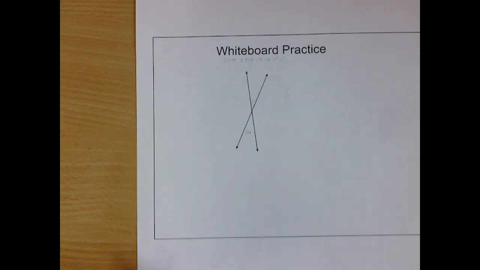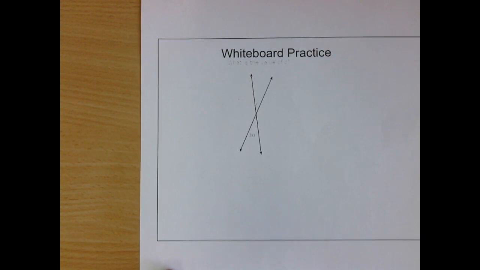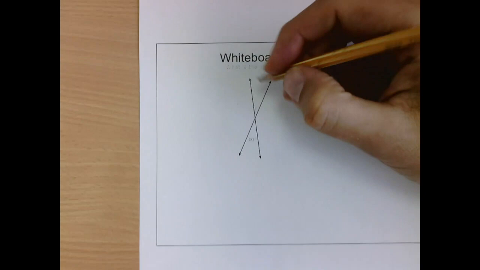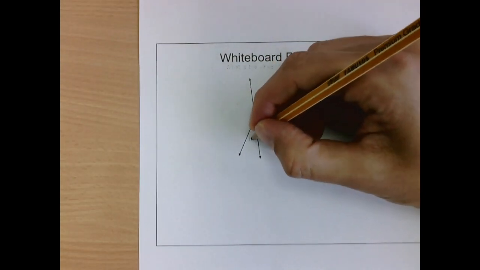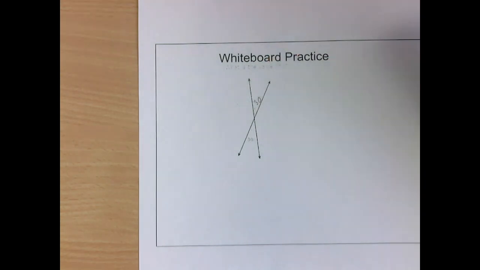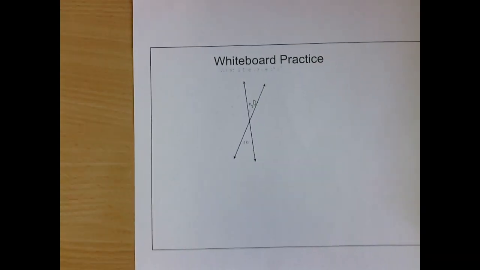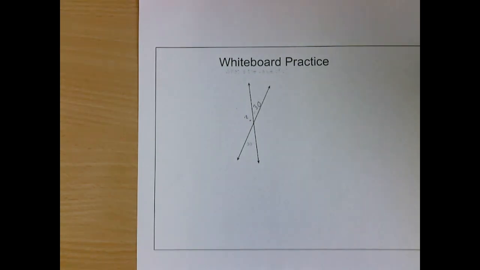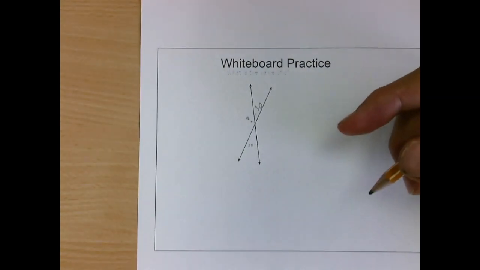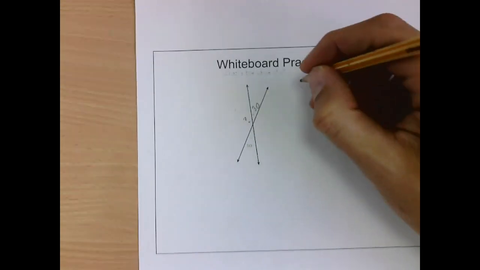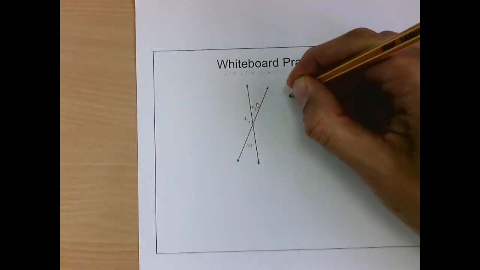This is another special type of angle. It's a vertical angle. Vertical angles are congruent, which means they're the same. So if we have a 30-degree angle here, therefore this is 30 degrees. And the challenge is a little bit further. What would the missing angle measure be of this question mark here? In this case, you're going to have to think back to the rules for supplementary angles. Supplementary angles have to add up to 180 degrees.